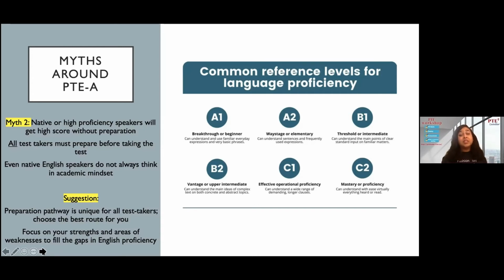If you feel like you are in C1 or C2, very good, you are already at a higher proficiency level. All you have to do is keep practicing to hold on to this level. So before you identify your areas of weakness or strength, first identify your level compared to the international reference levels of language proficiency. After that, identify your strengths and areas of weakness, and then work towards it to prepare for the PTE test.